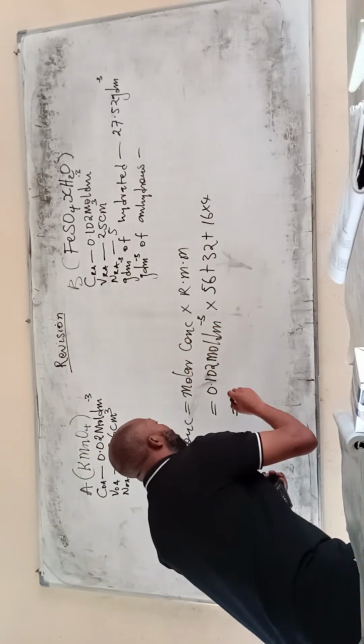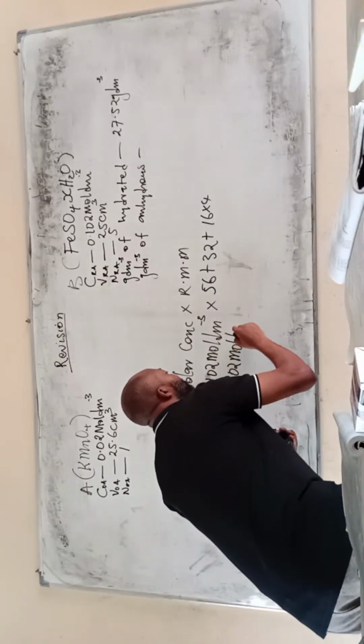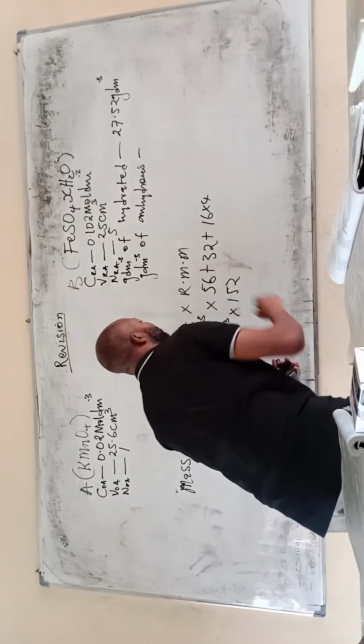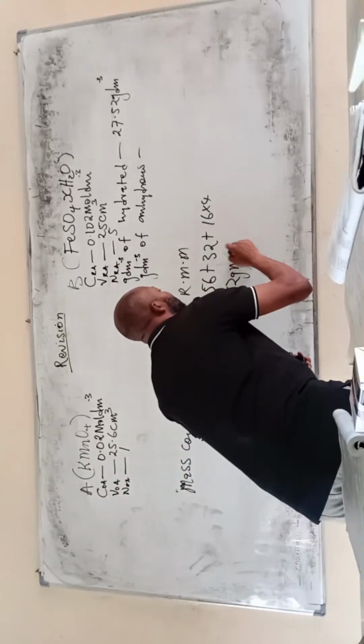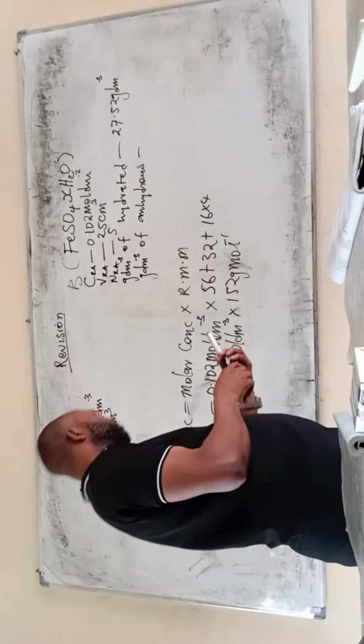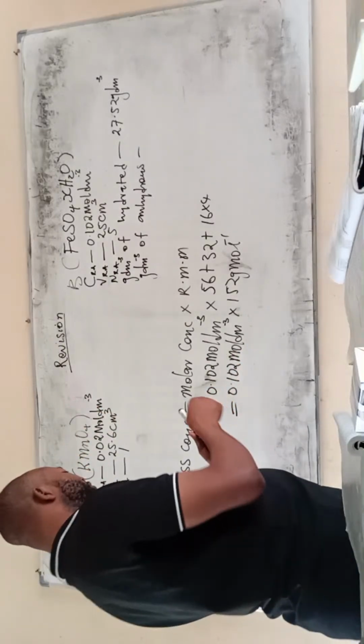So I will now have 0.102 mole per dm cube times 152 g per mole. 152 times 0.102 will give me 15.5.